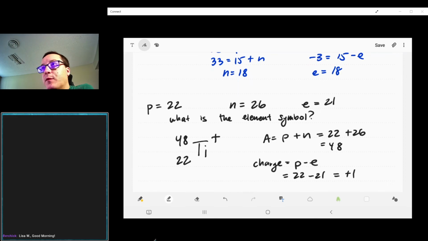All right, so hopefully going backwards is not too bad. Through this, you should expect to be able to either generate the symbol or generate all of these numbers based on the number of particles or based on the symbol itself. You'll always be given enough information to figure these out, but it's up to you to practice them.